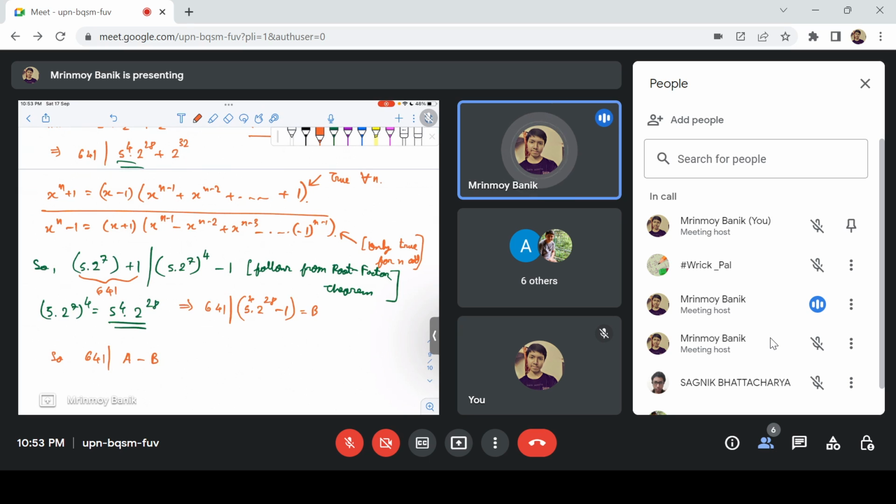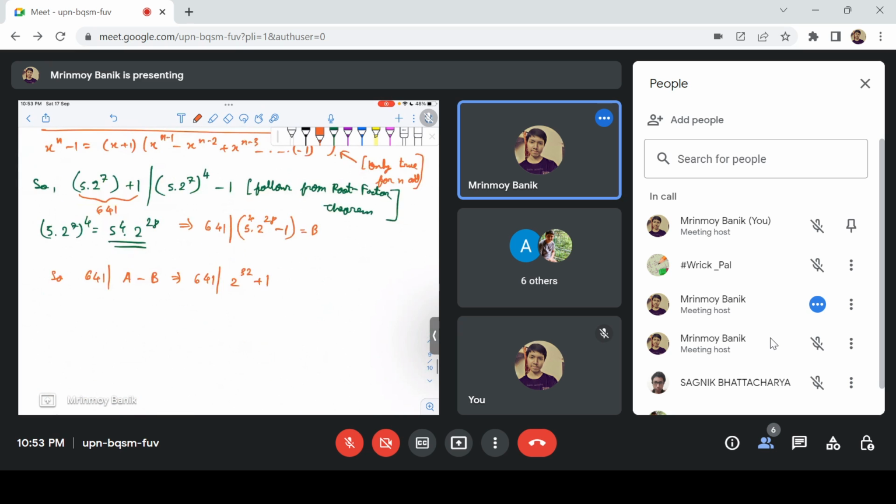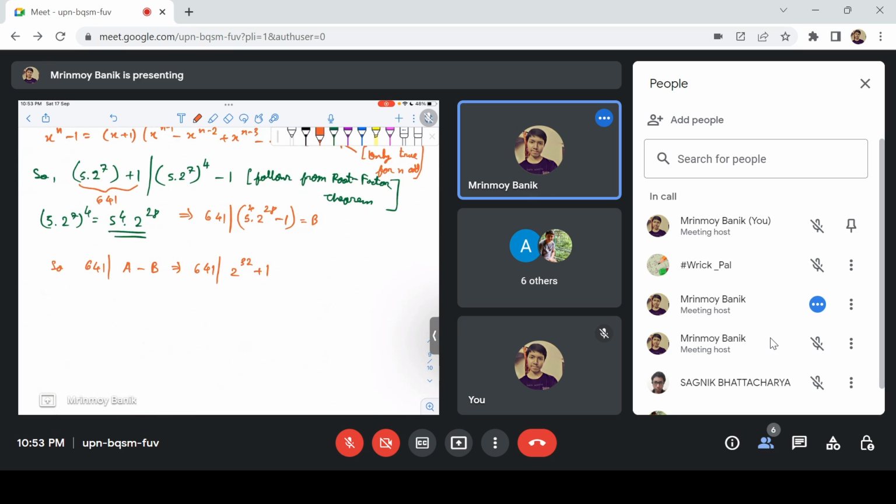So A minus B is also divisible by 641. So this implies 641 divides our required number 2 power 32 plus 1, which is their difference. That was a pretty clever way to prove this problem.